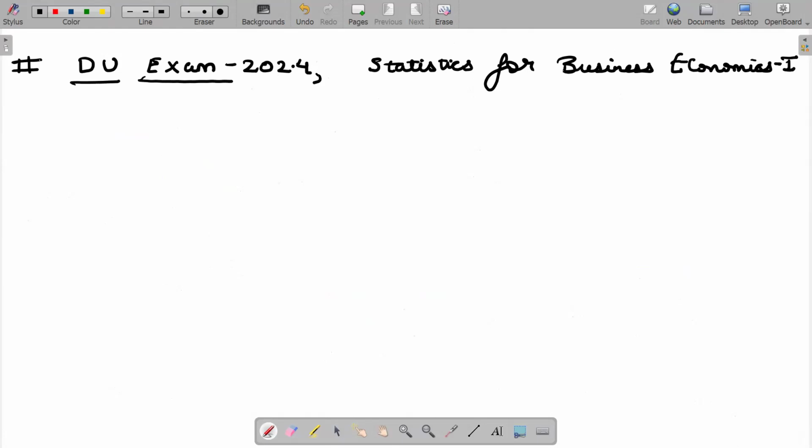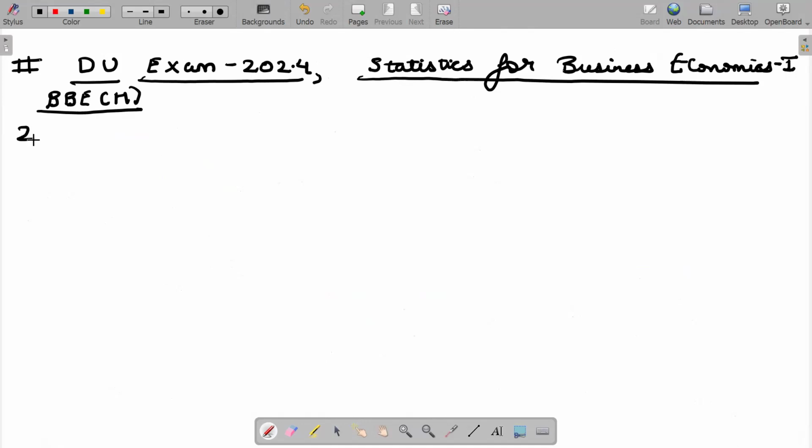And this is recommended for all those students who are pursuing BBE honors from University of Delhi. We are looking at question number 2. Within question number 2, we are solving part A, part 1.